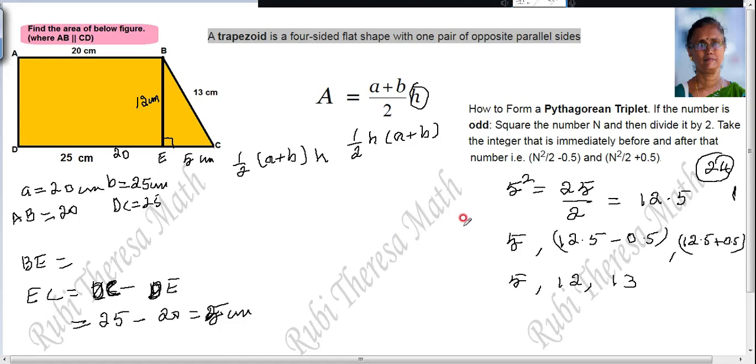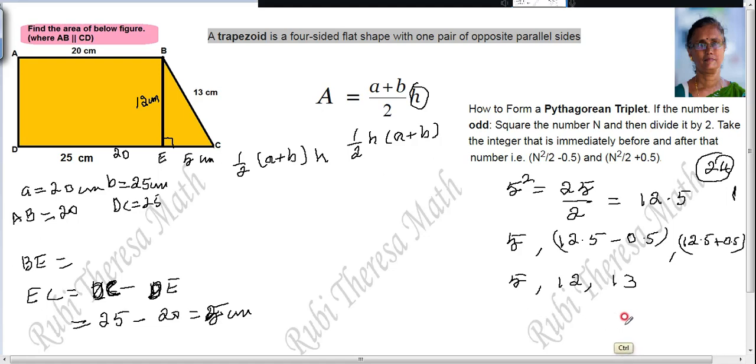If you don't know this formula, another method also you can follow. Hypotenuse square is equal to 5 square plus BE square. Do you follow? Otherwise, you can write like this also, if you know the theorem.